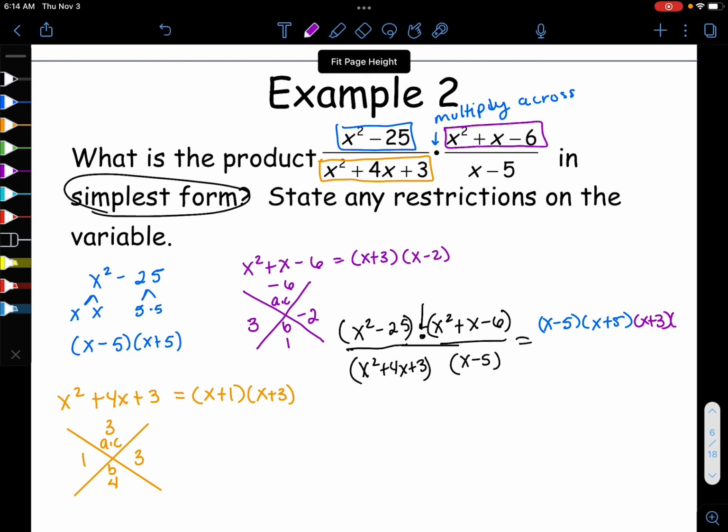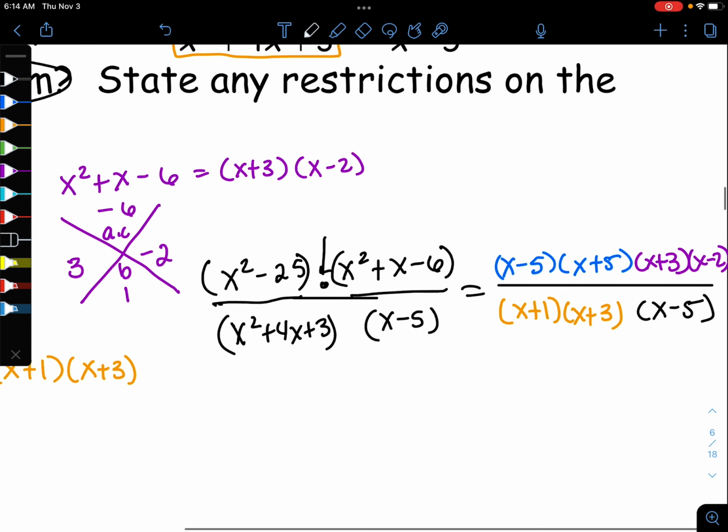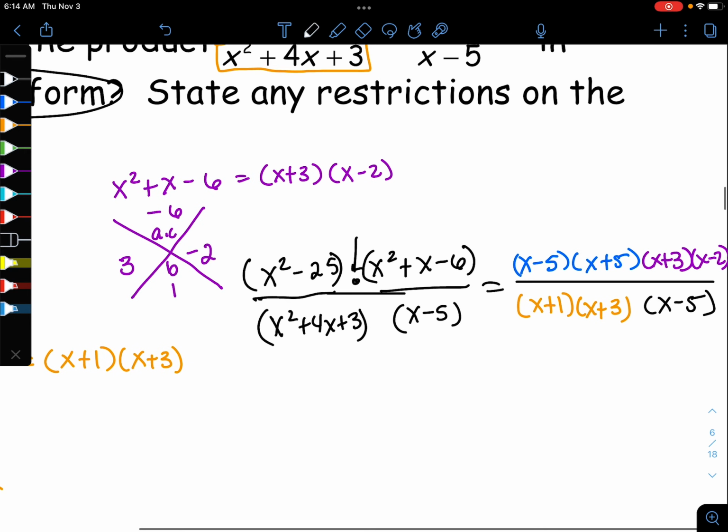There's also x minus 2. And then the fraction line, the yellow is x plus 1, x plus 3, and the last one is x minus 5. Okay, now let's first find our restrictions.